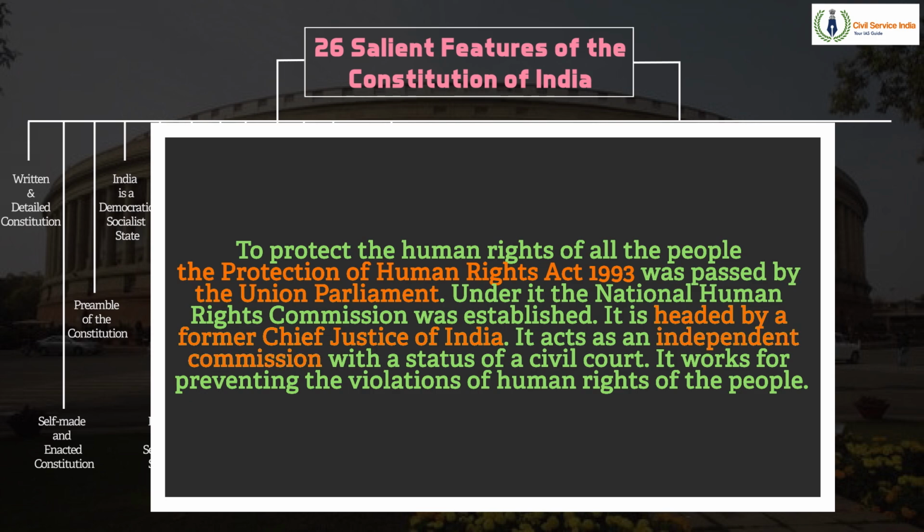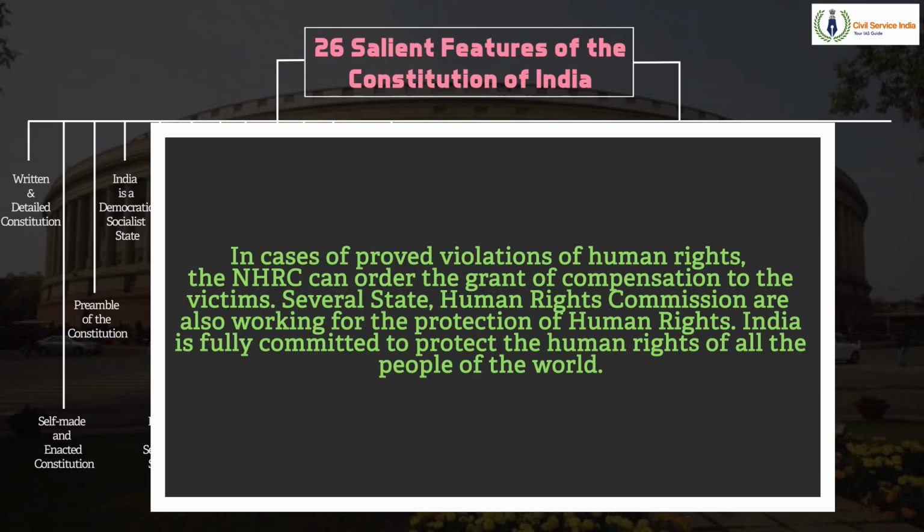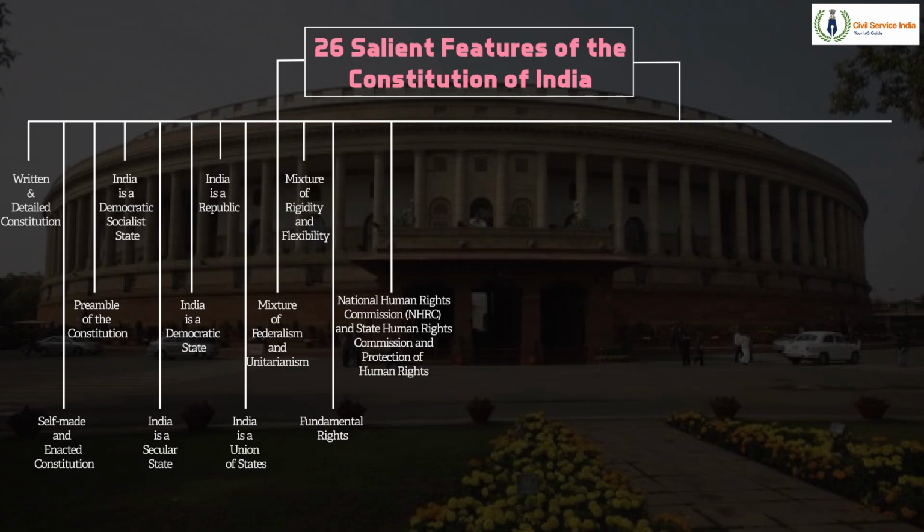It acts as an independent commission with the status of a civil court. It works for preventing the violations of human rights of the people. In cases of proved violations of human rights, the NHRC can order the grant of compensation to the victims. Several state human rights commissions are also working for the protection of human rights. India is fully committed to protecting the human rights of all the people of the world.